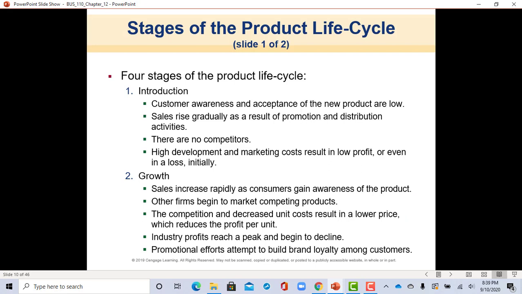During the introduction stage, all the ingredients of the marketing mix may need to be adjusted quickly to maintain sales growth. During the growth stage, management may decide to change or to lower prices.